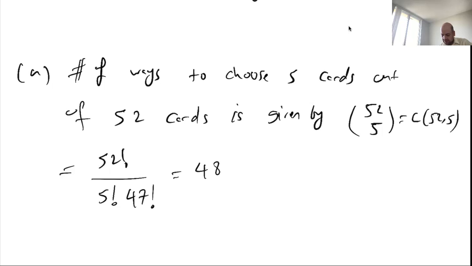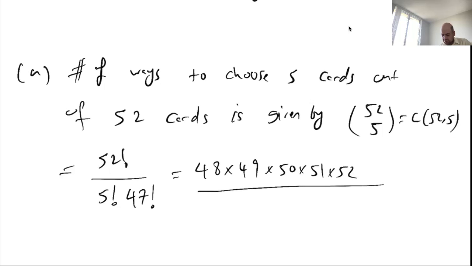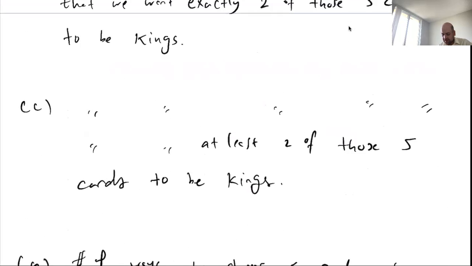And this is 48 times 49 times 50 times 51 times 52 divided by 2 times 3 times 4 times 5. 52 factorial over 47 factorial is 52 times 51 times 50 times 49 times 48, and there is also a factor of 5 factorial in the denominator, which I also included. So you can leave your answer like this in the exam, that's okay.